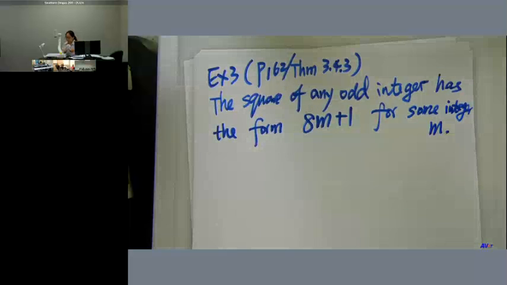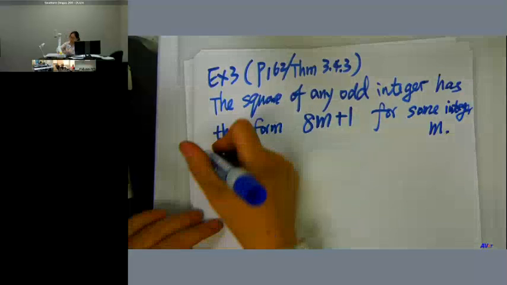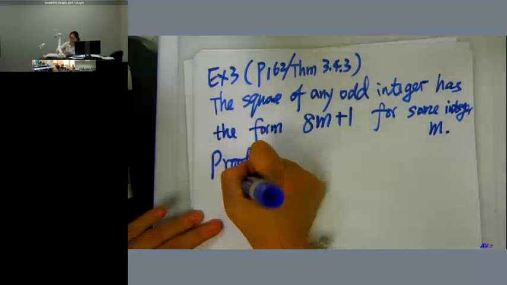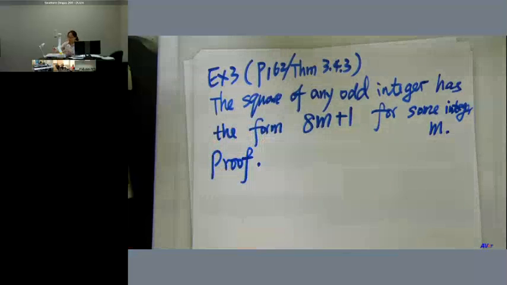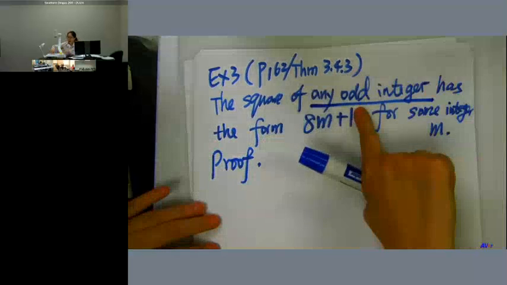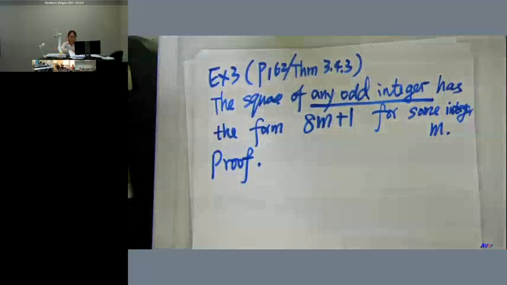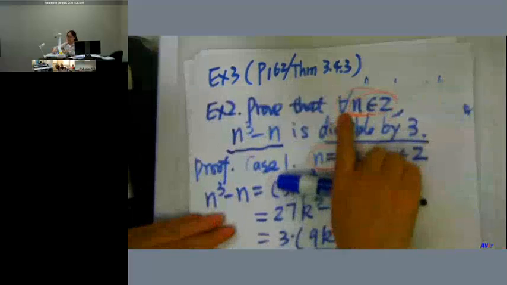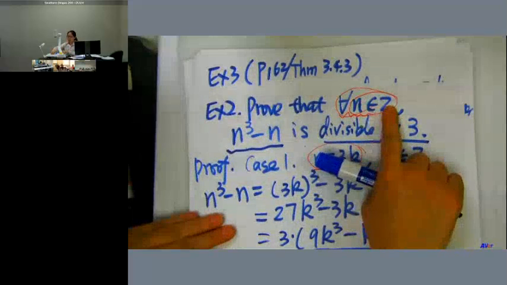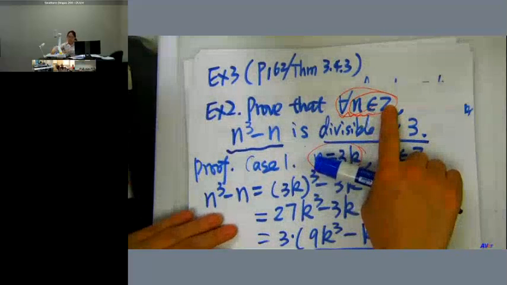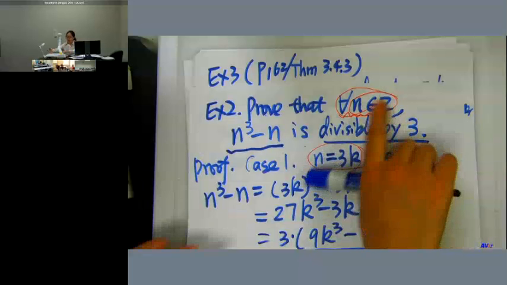All right. So what do we start with? What's given? What kind of number is given? Any odd integer. So it's different from the previous 2 examples. Previously, it just says for any integer. It didn't tell us what kind of integer it is. So it could be even, it could be odd, it could be a multiple of 3 or not.